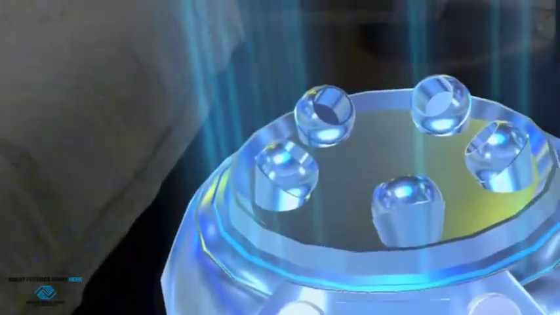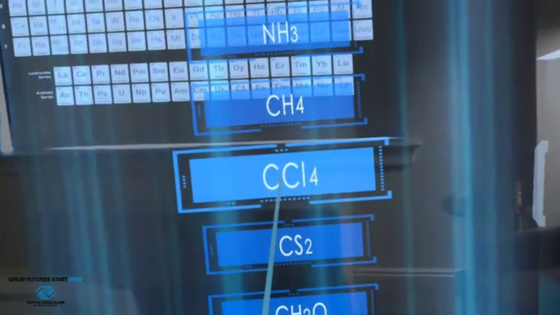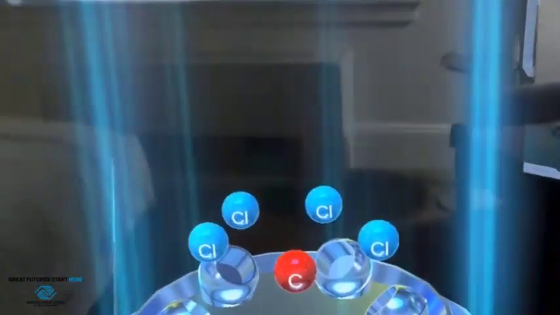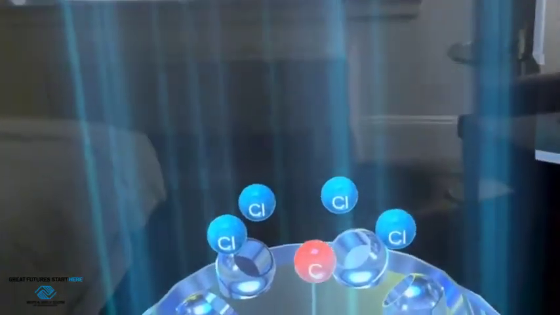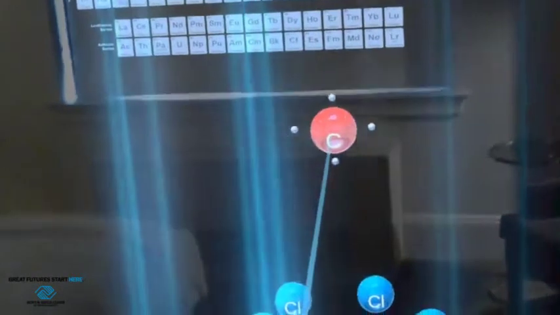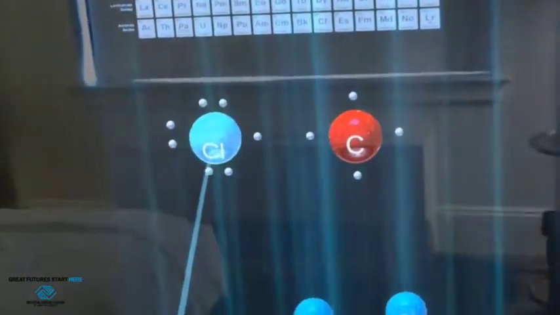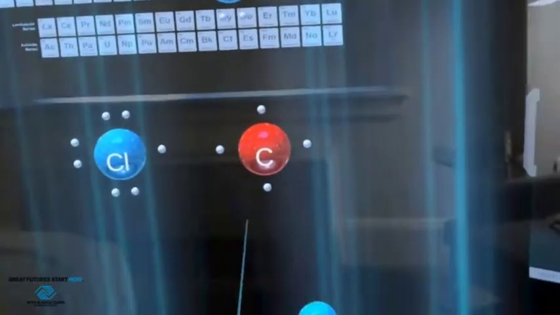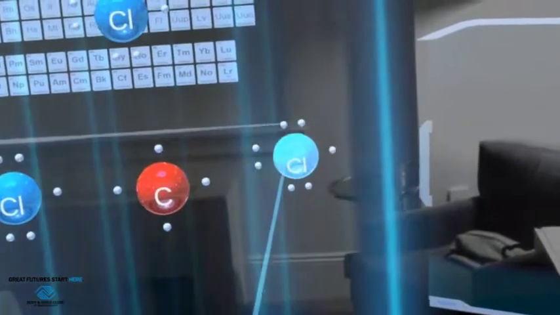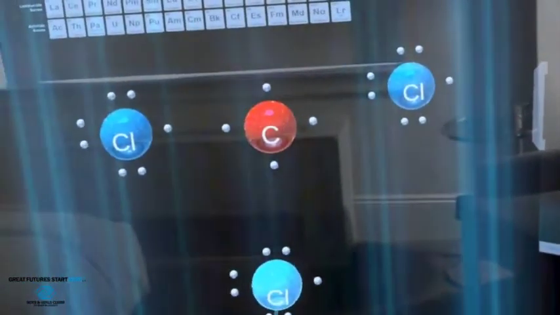Now let's finish with the most complex one that we'll see today, CCl4, carbon tetrachloride. We've got 5 atoms to put together now instead of 4 or 3, but again, the process is exactly the same. We'll pull out our carbon atom, which we see has 4 electrons in the valence shell, and then we'll bring out the chlorines, which each have the most on their valence shell that we've seen so far, which is 7.